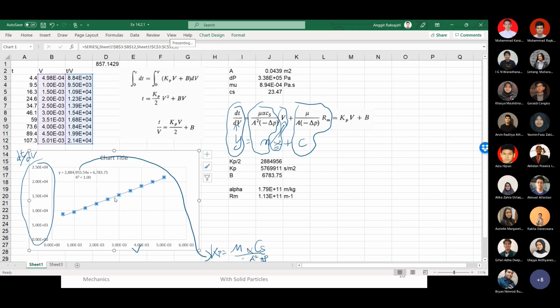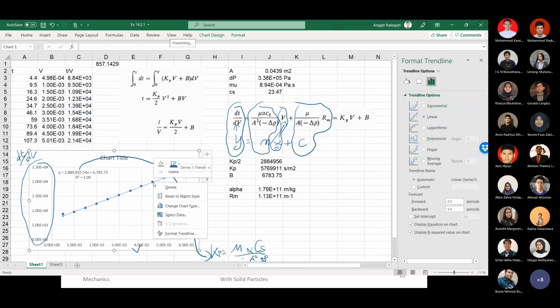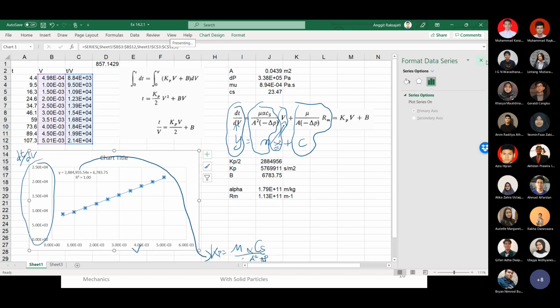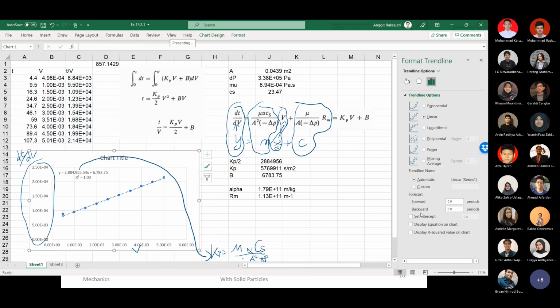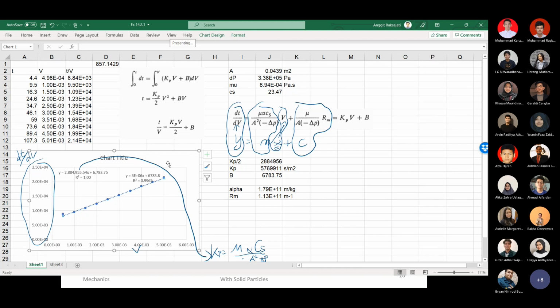So you just need to right click in Excel, add trend line, for example. Then you show the equation if you want, and you show the R square. That's your correlation.